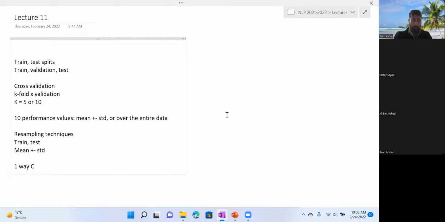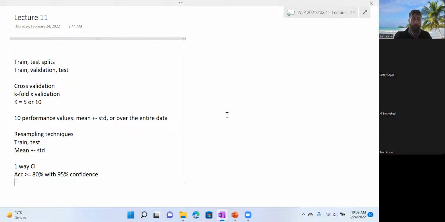Confidence intervals can be one-way. One-way basically means you can say accuracy is greater than or equal to, let's say, 80% with 95% confidence.